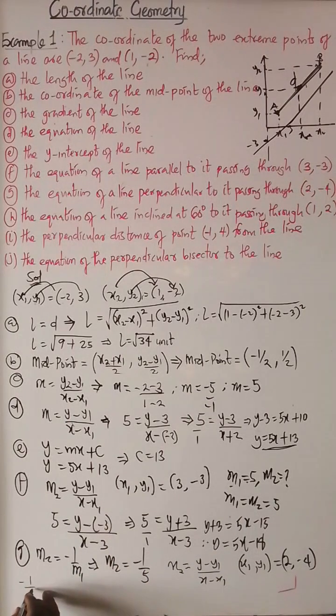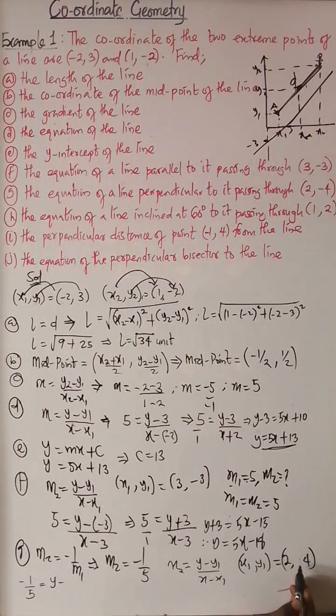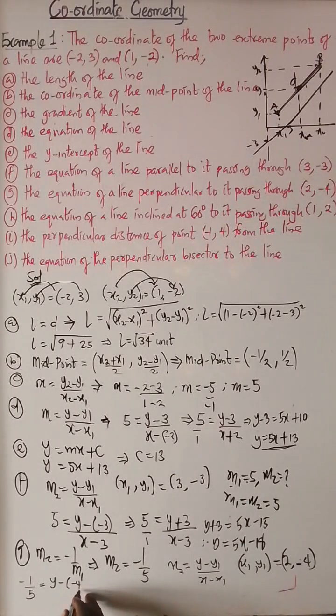So minus 1 over 5 equals y minus, what is y1? Minus 4, divided by x minus, what is x1? 2. So this becomes minus 1 over 5 equals y plus 4 over x minus 2.